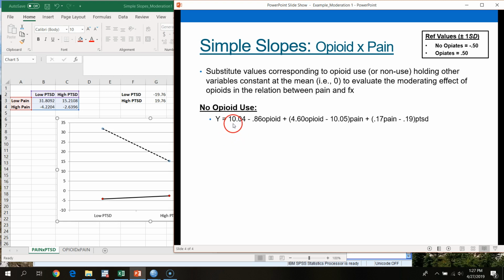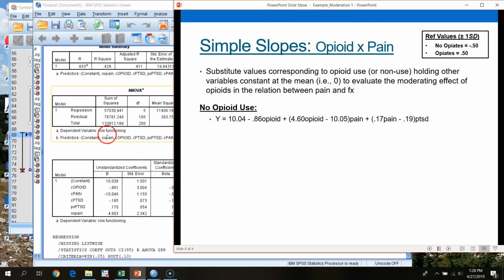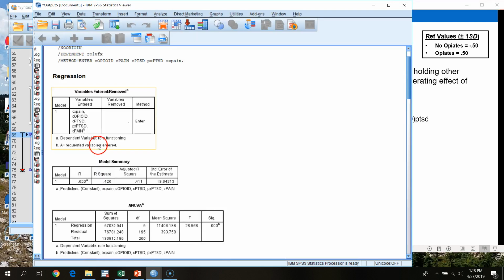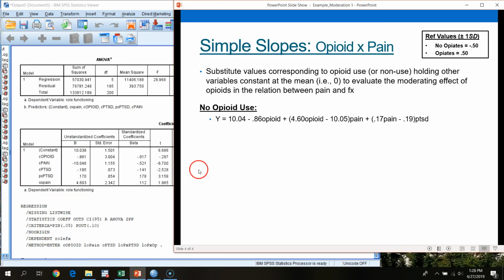So here's my model, 10.04. And again, this is just from my base model here. So we got 10.04 minus my centered opiate use, and then we've got restructured terms for my interaction, things along those lines.